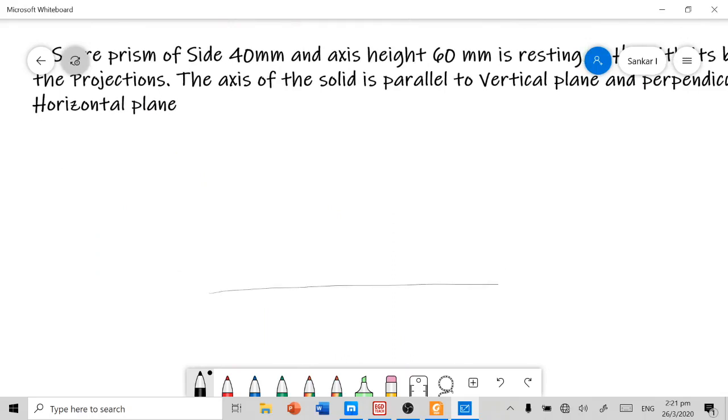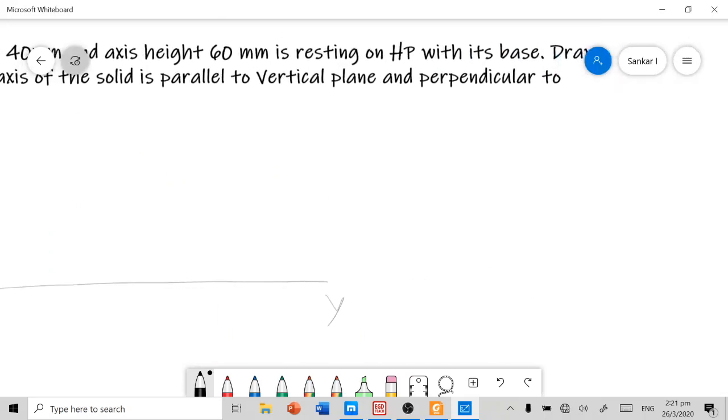So in this problem, if you are supposed to draw the front and top views, as usual you have to start from the XY line. So this is nothing but the actual case.